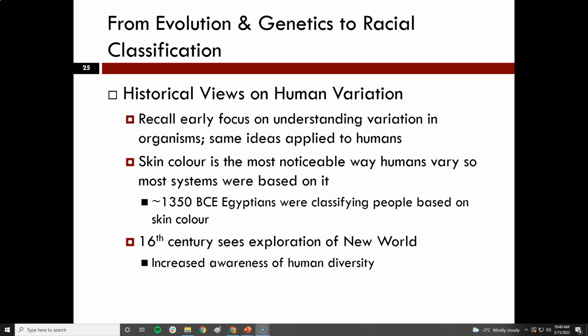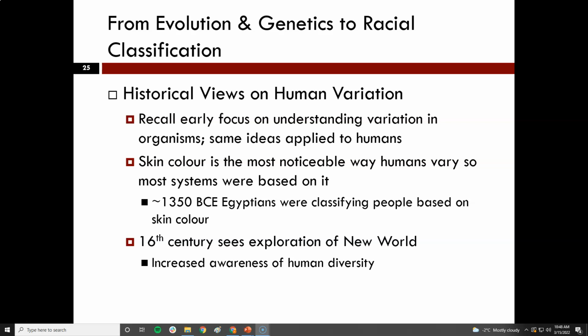And so understanding human variation was also a key part of these early discussions. And if we turn to the archaeological record, we can see that many societies have stories and tales and different kinds of understandings about why people look different and have different traits in different parts of the world or even within populations.